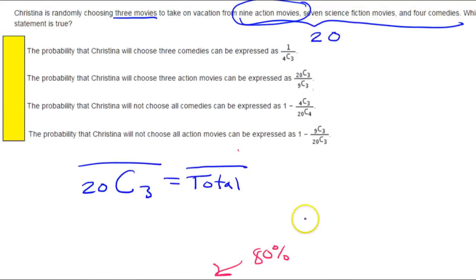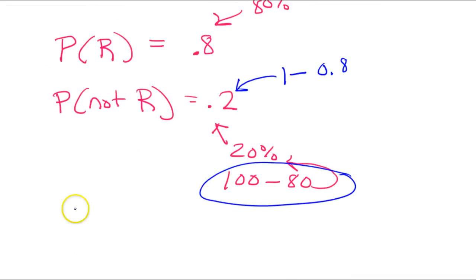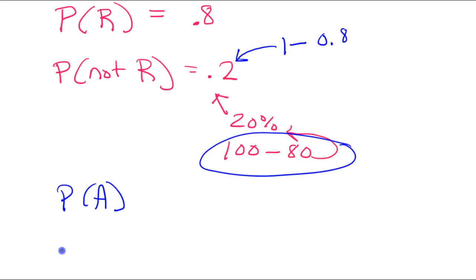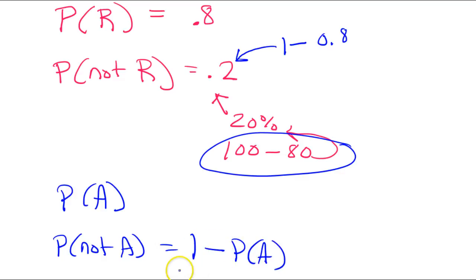So that's important. So just remember, if the probability of A is whatever it is, the probability of not A is going to be 1 minus the probability of A.